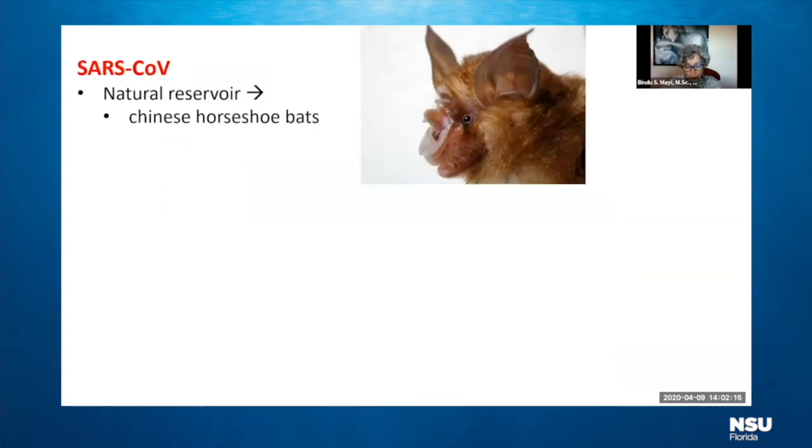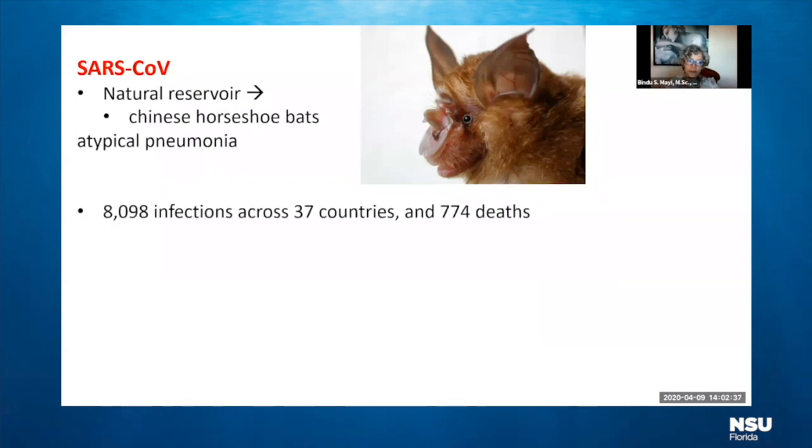The first notorious member in this family was the SARS coronavirus, which emerged onto the scene in 2002, 2003. And research subsequently showed that the natural reservoir for the SARS coronavirus was the Chinese horseshoe bat. And this virus causes atypical pneumonia, which is what the current virus also causes.